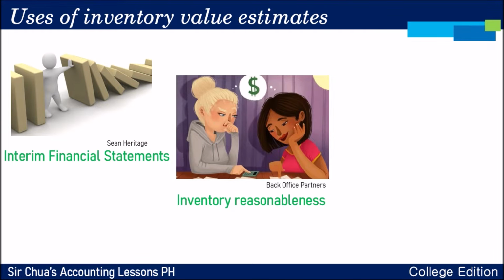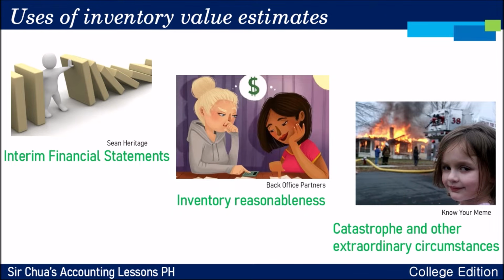And then lastly, we also need estimates in times of catastrophe and other extraordinary circumstances like typhoons, floods, and fire. So, syempre, we also need to calculate yung inventory na nawala sa atin dahil nagkasunog, wag naman sana, or nagkaroon ng baha, wag naman sana, or nagkaroon ng bagyo na hindi natin inaasahan, yung mga ganong pangyayari, and yung business or yung inventory natin, syempre, affected.